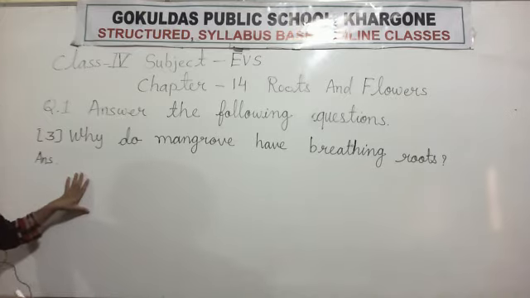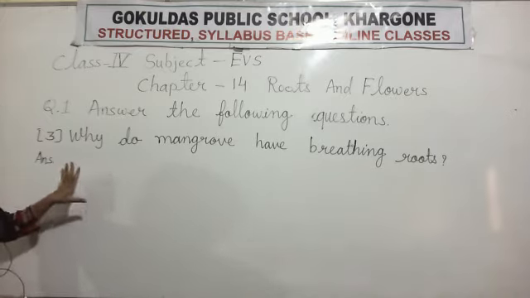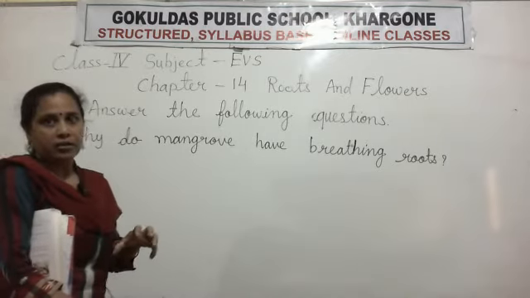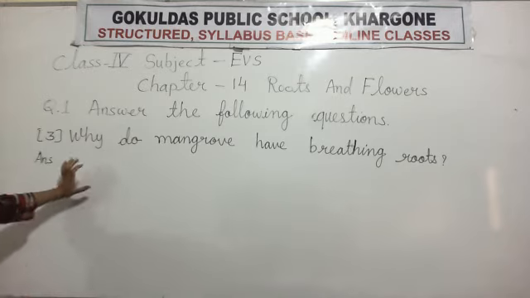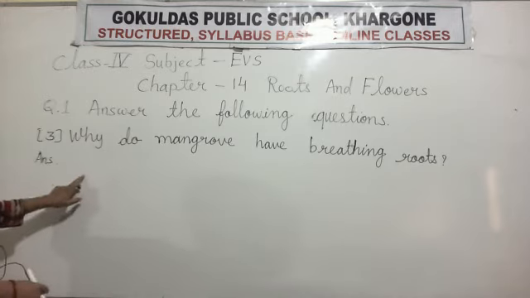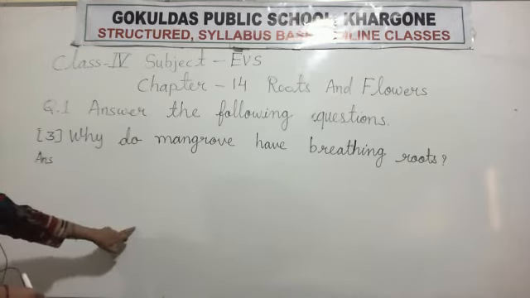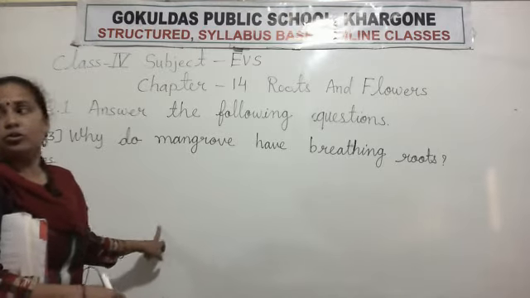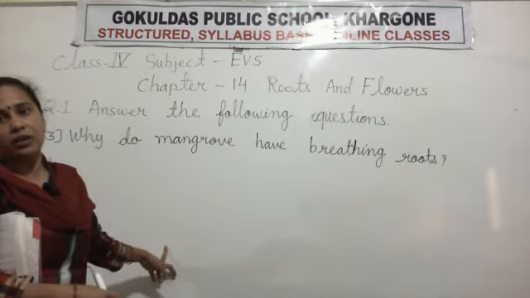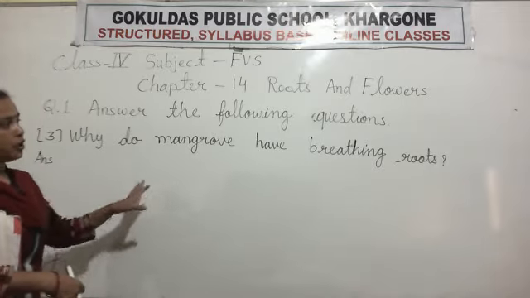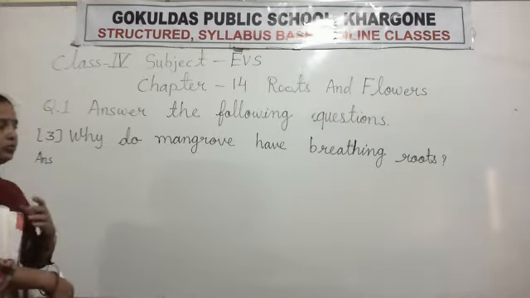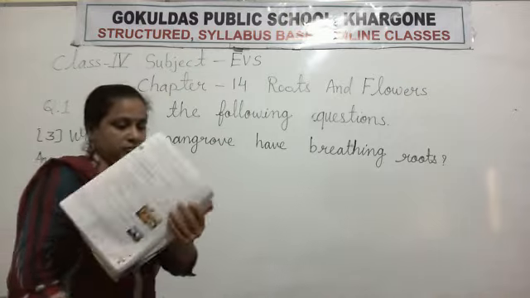That's why their roots need air for breathing. The presence of air is very little there. So for breathing, the roots of these plants come out from the soil. So we give them the name breathing roots. So write the answer to this question.